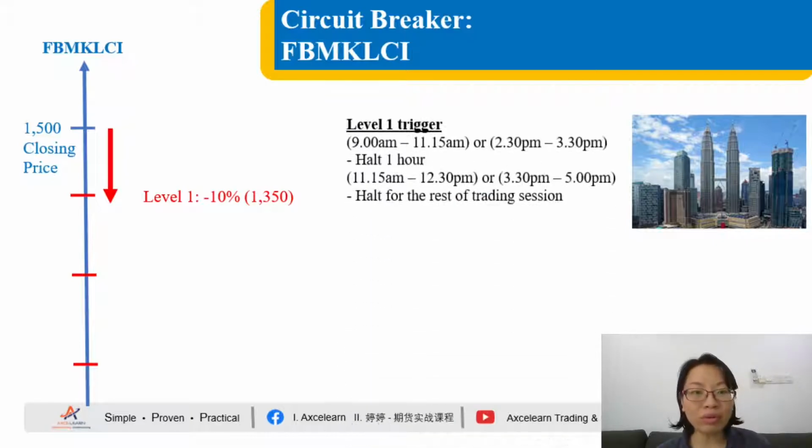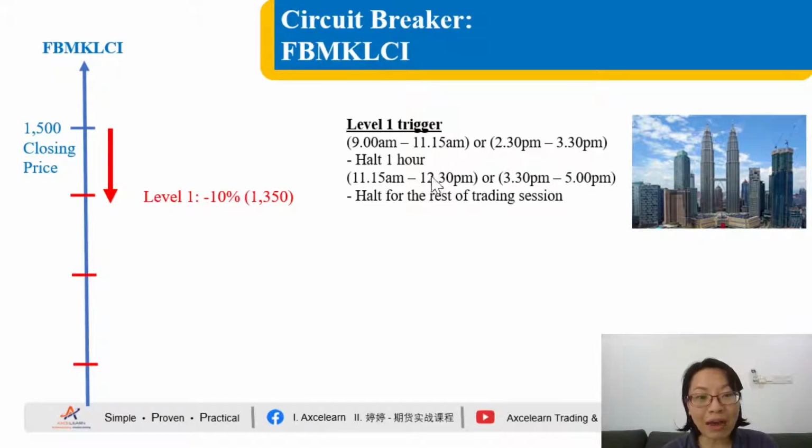For this first level, what you need to know is, if it is triggered within 9 to 11:15 or 2:30 to 3:30 in the second half, the market will halt for 1 hour only. So let's say it was triggered at 9:30. It halts for 1 hour, meaning at 10:30 we will restart the market.